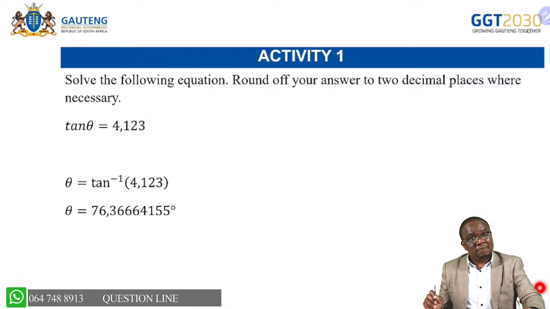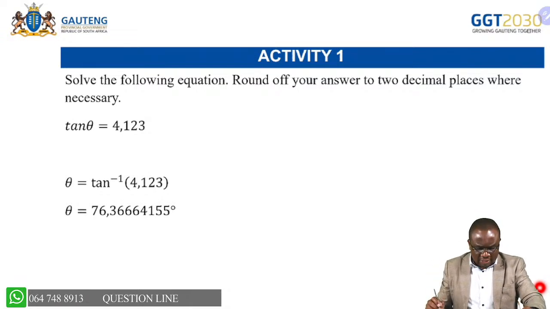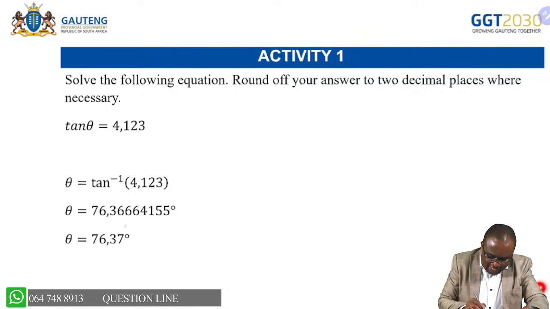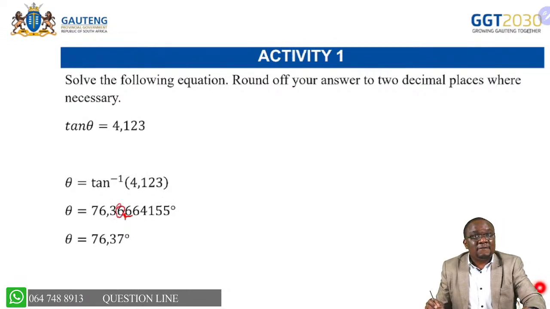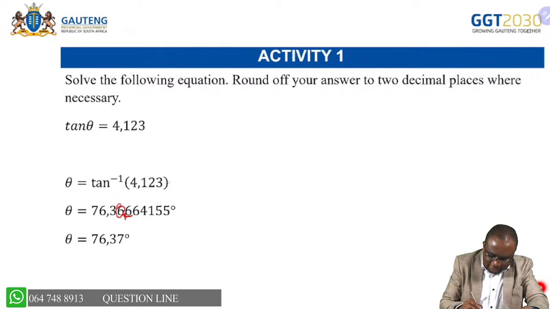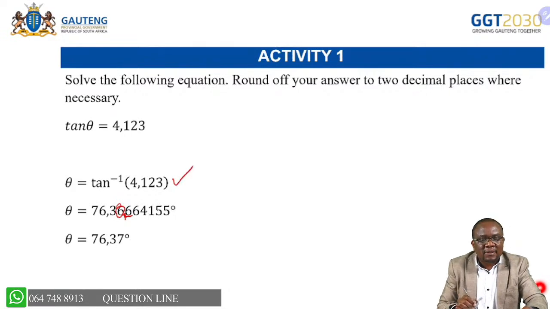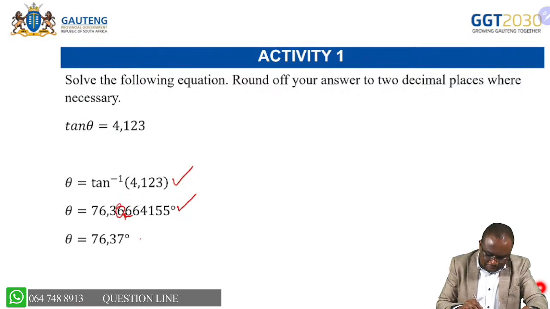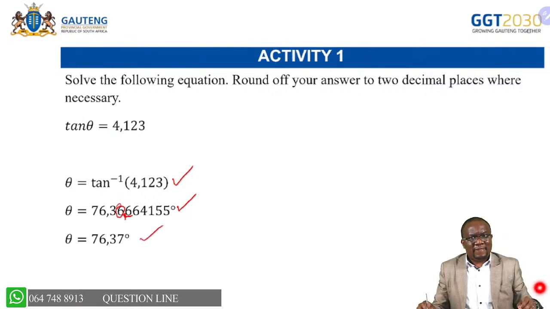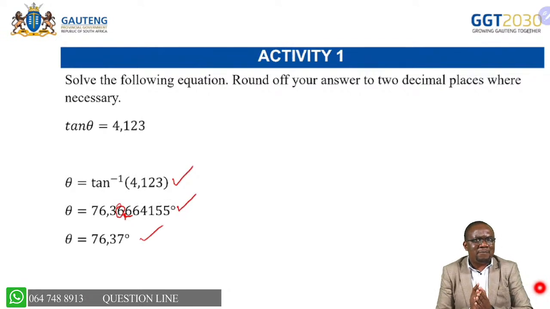Okay, so it means our numbers must end here. But because of this 6, which is greater than 5, this one is going to change and become 7. So we have 76,37. So we have this step, mark that. We have this step, mark that. We have this step, mark that. Okay? Right. We're done with the first type of our equations.